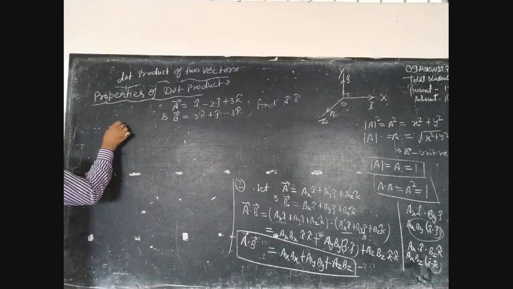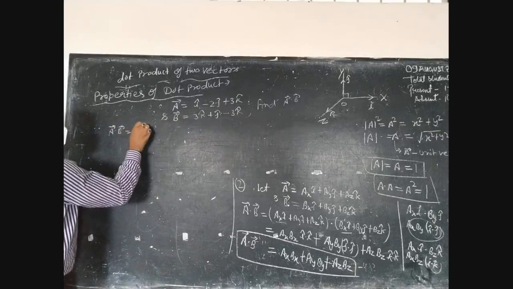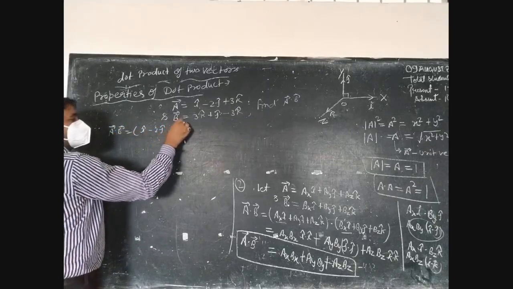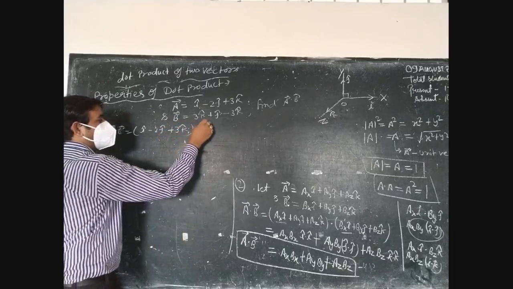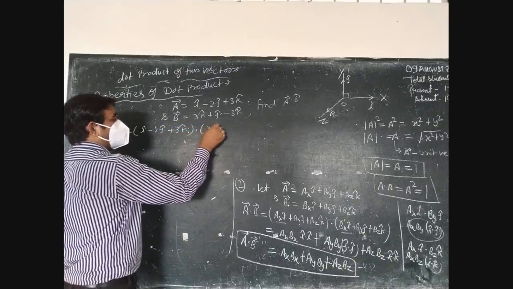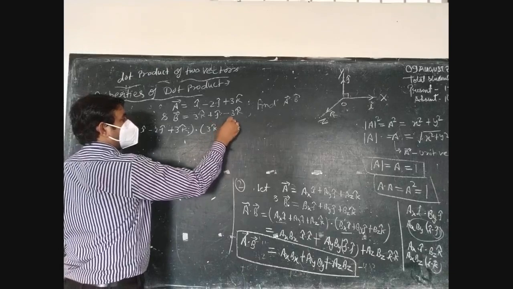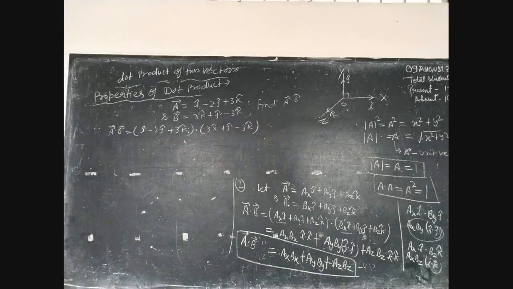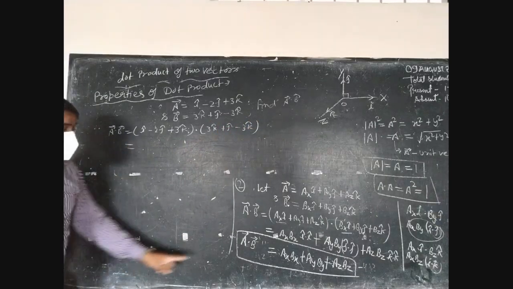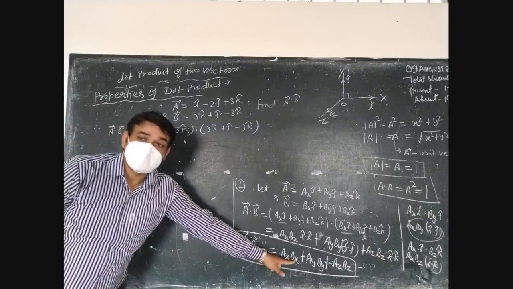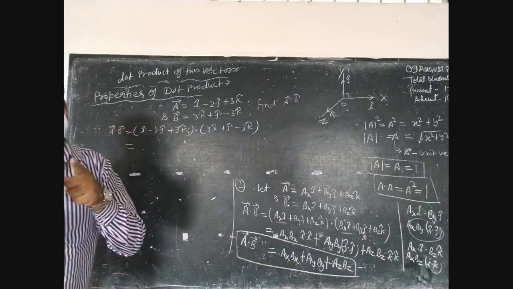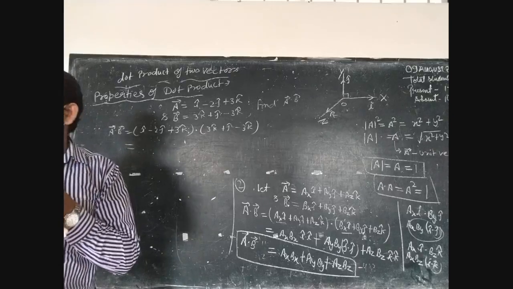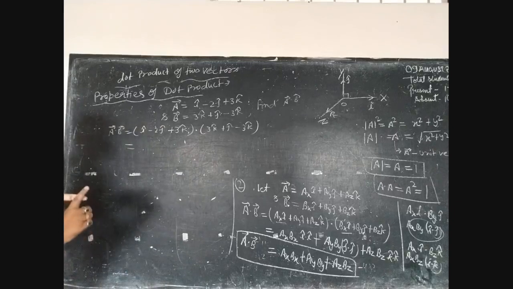Vector A dot vector B, you have to write i cap minus 2 j cap plus 3 k cap, and 3 i cap, 2 j cap, and minus 3 k cap. Now as per this rule, multiply ax, which means the coefficient of i cap multiplies together, coefficient of j multiplies together, and coefficient of k multiplies together.